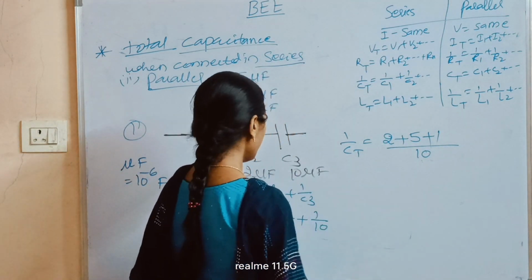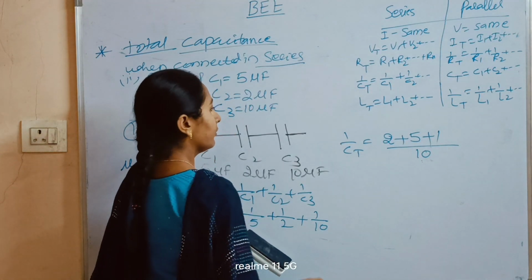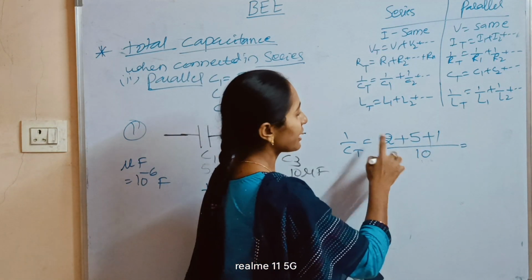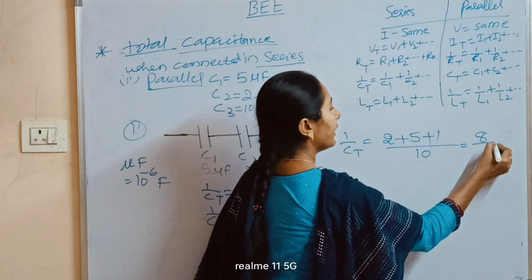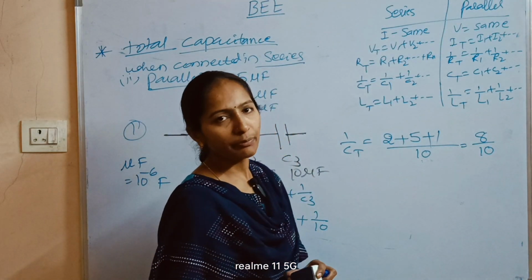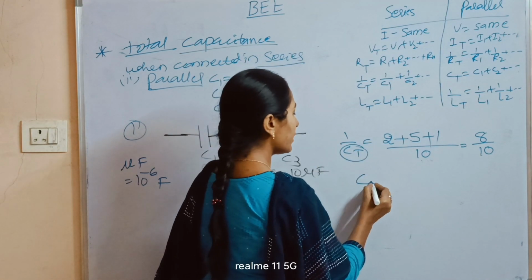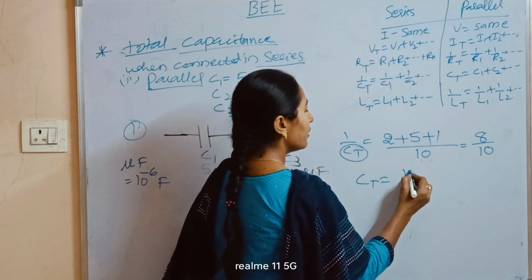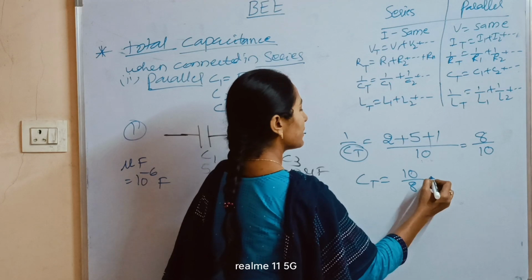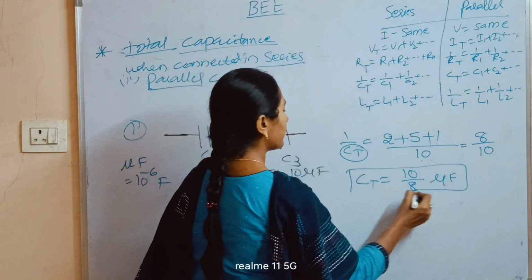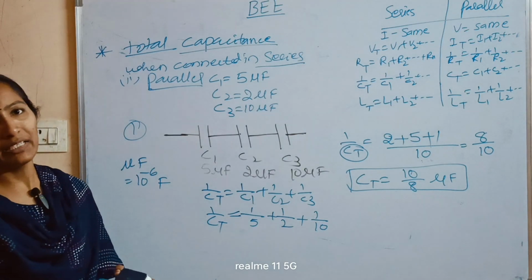Now 2 plus 5 plus 1 is 8, so 8 by 10. Now C total is just 10 by 8, in microfarad capacitance.